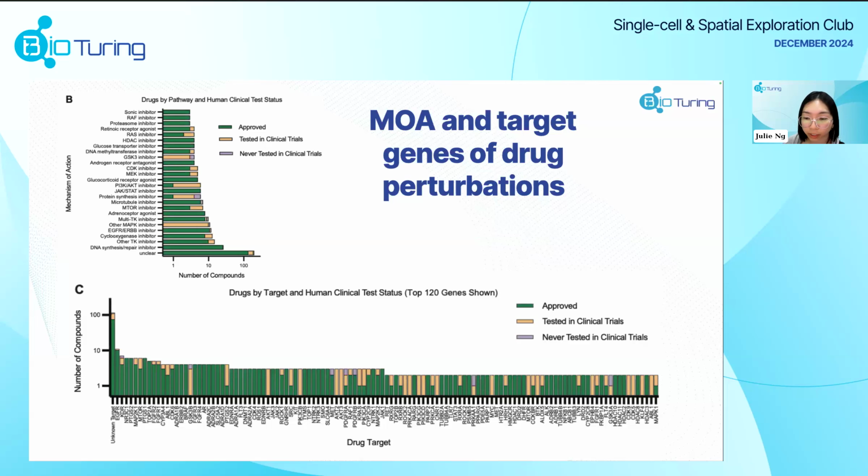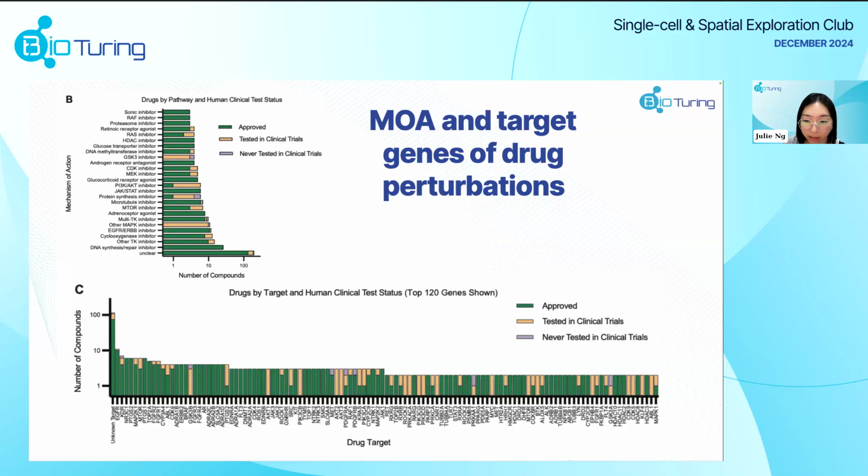So in figure 2b above, this provides an overview of the mechanisms of action or MOAs of these drugs. So in total, there were 379 distinct drugs used, and 180 of them could be classified into 25 different MOA categories. As you can see, some of these MOA categories are well represented, which indicates which pathways are most frequently targeted. So, for example, we see a significant number of drugs.